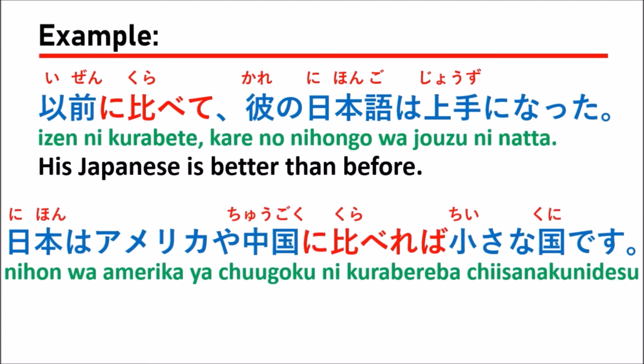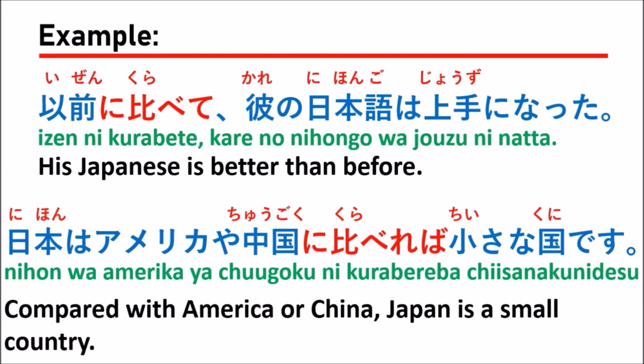The next example. 日本はアメリカや中国に比べれば小さな国です。Which means, compared with America or China, Japan is a small country.